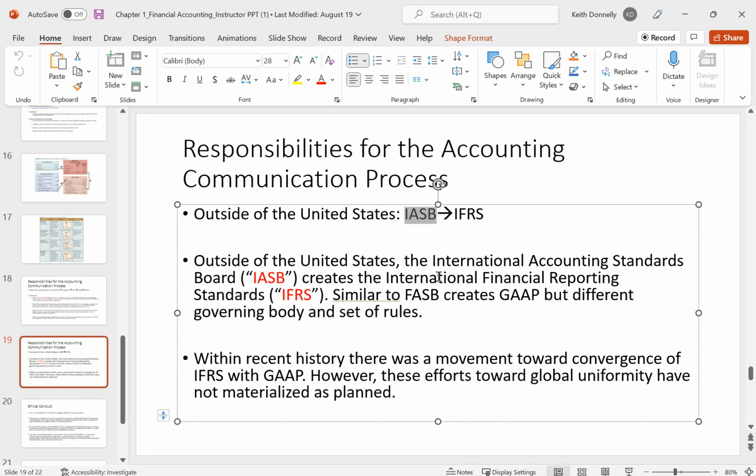Everybody else in the world uses IFRS, which is made by the IASB, another separate group of accounting nerds who come together to make these rules. At one point they tried to converge these. It would be efficient if the whole world had one set of standards. That didn't really work out as planned, so that has been put on hold.